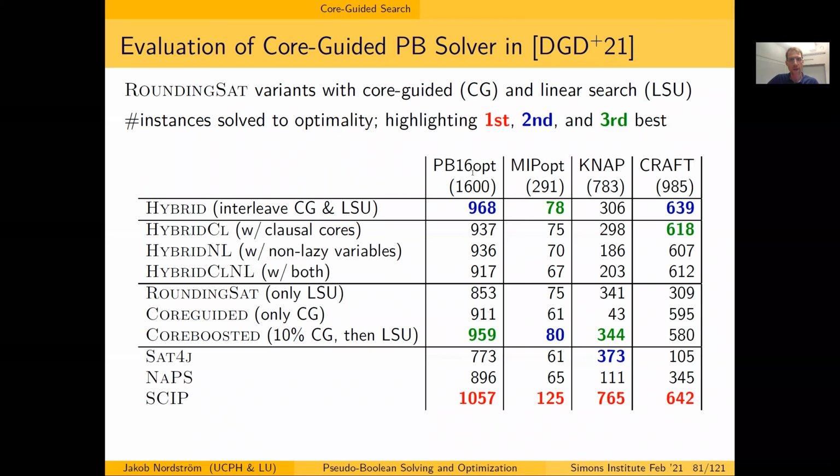There's also MIPLIB that is used for evaluations in the mixed integer linear programming community. We took some 0-1 integer linear programs from there, optimization problems, ran on those. There's a collection of challenging knapsack instances by Pisinger.